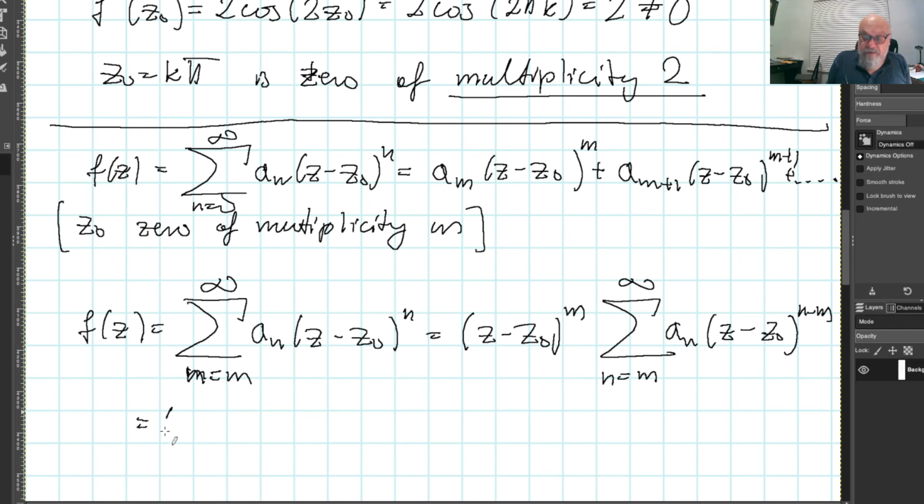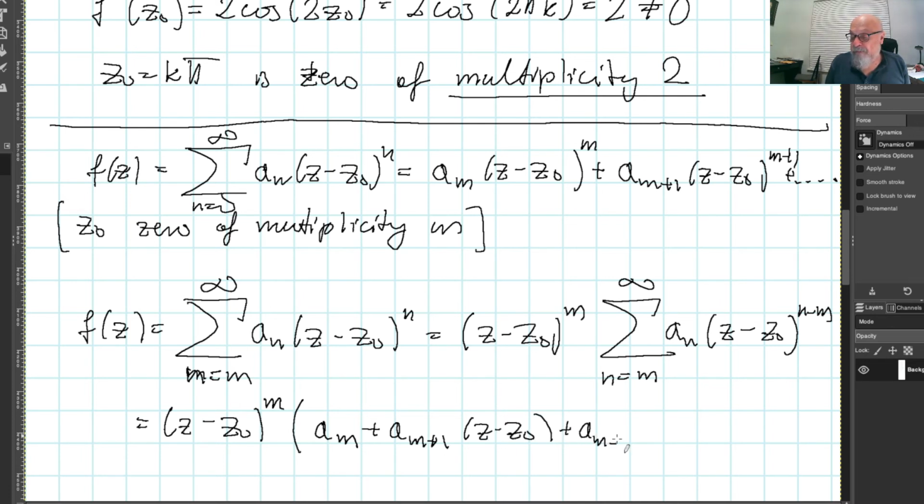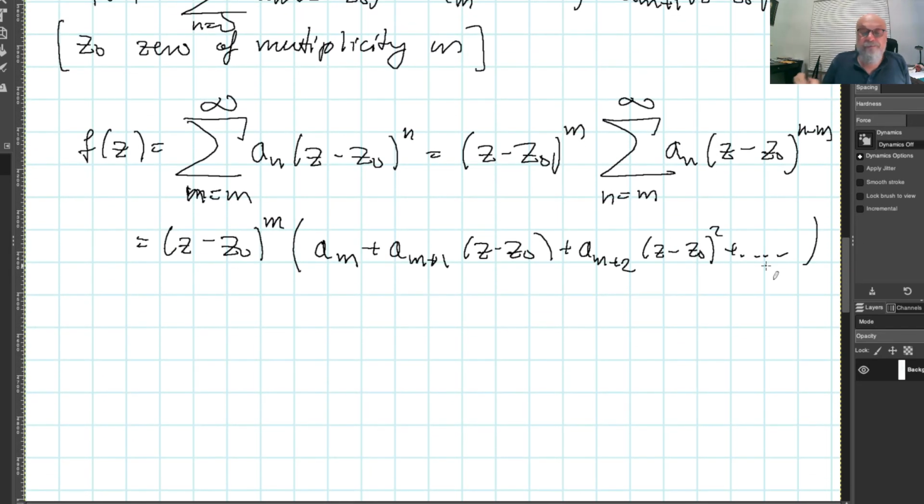If you rewrite it as a long series, you find that it starts with a_m, then a_(m+1) times (z minus z0), then a_(m+2) times (z minus z0) squared, and so on. So why not denote this as a function g of z?